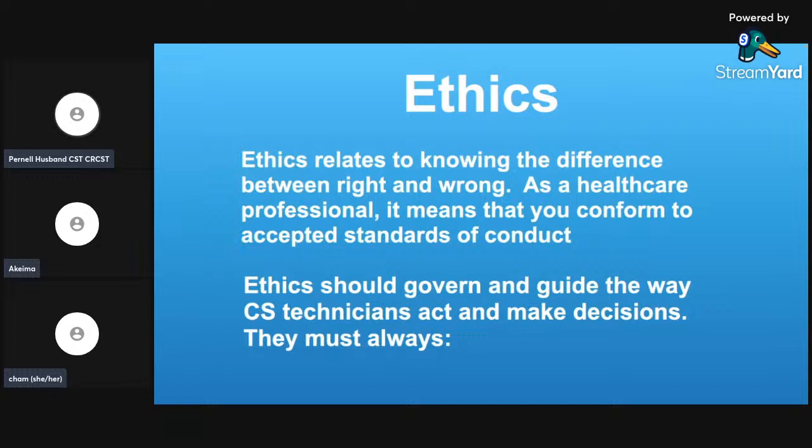Ethics is something that is critically important everywhere. It's also important in healthcare. It relates to knowing the difference between right and wrong. As a healthcare professional, it means that you conform to accepted standards of conduct. It's a very professional environment, and nobody is trying to hear you talking to them any kind of way. That happens, but it's a very professional environment.